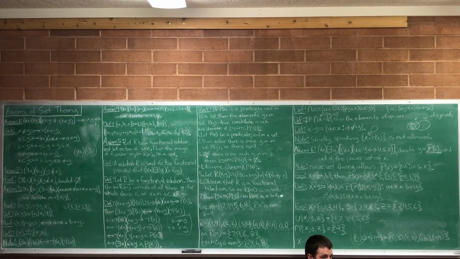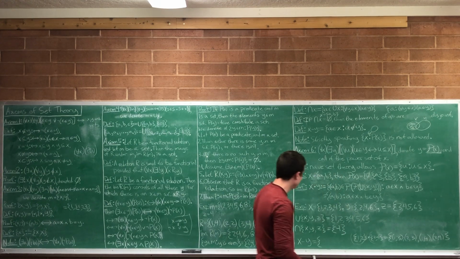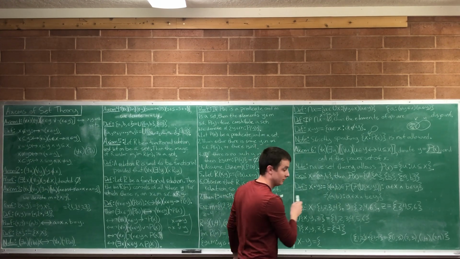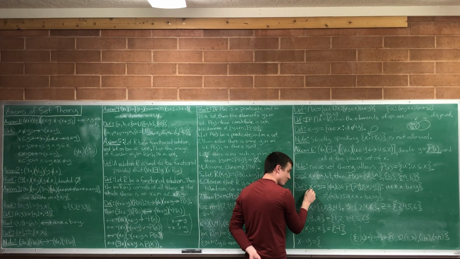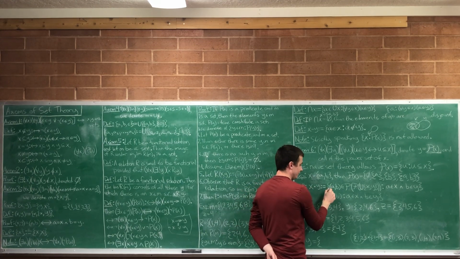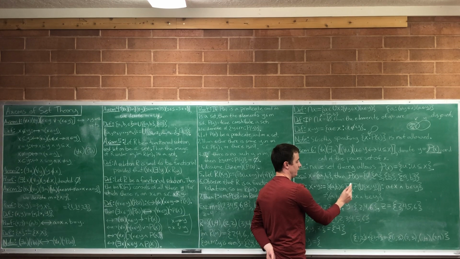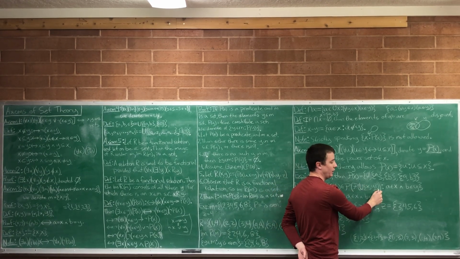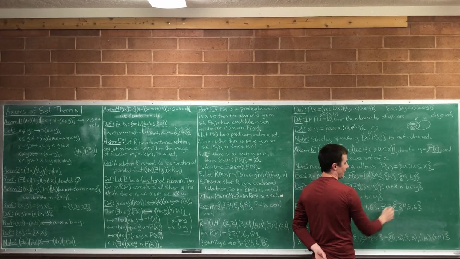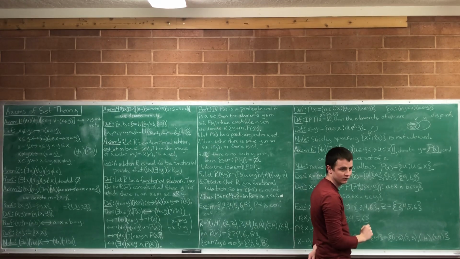Make sense? Okay. So here's what it is, writing it correctly. X cross y is equal to the set of all the ordered pairs (a, b) in the power set of the union of x and y, such that a is in x and b is in y.